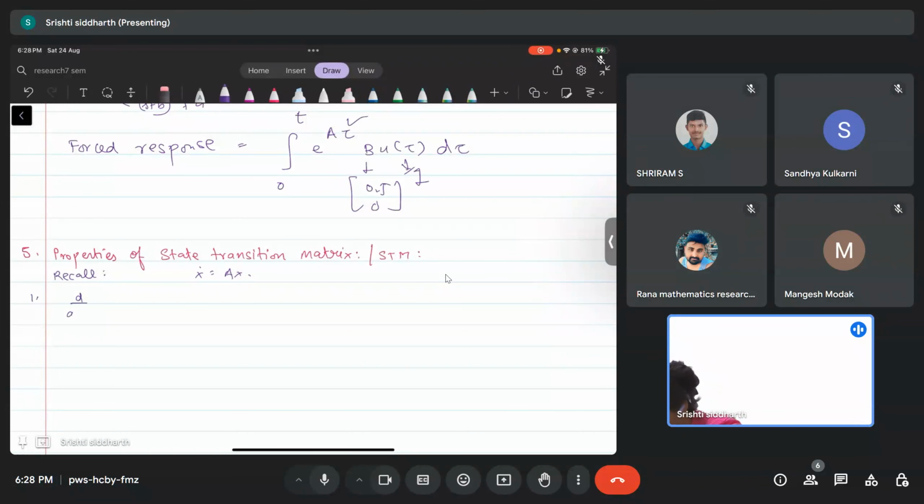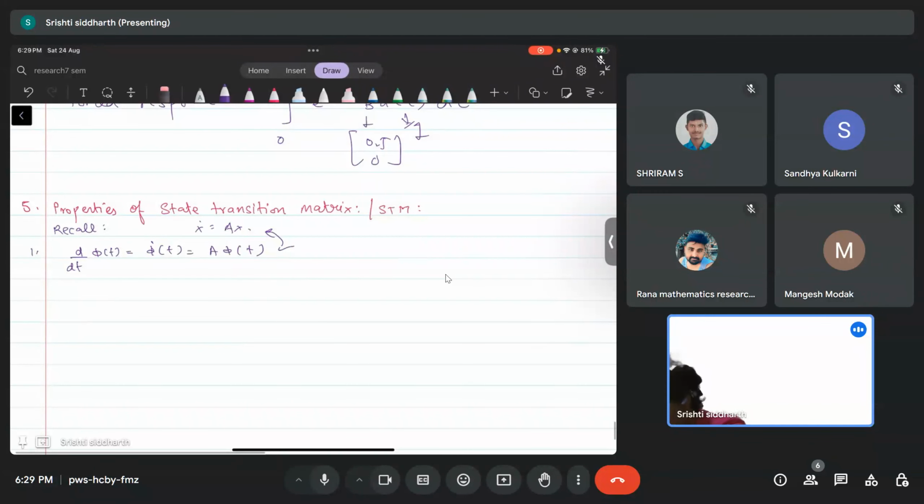So d by dt of phi of t, or phi dot t, is actually A times phi of t. Why? Because this has to satisfy the differential equation, right? So if x of t is phi t times x0, then x dot of t is phi dot t times x0, and we can just substitute here.